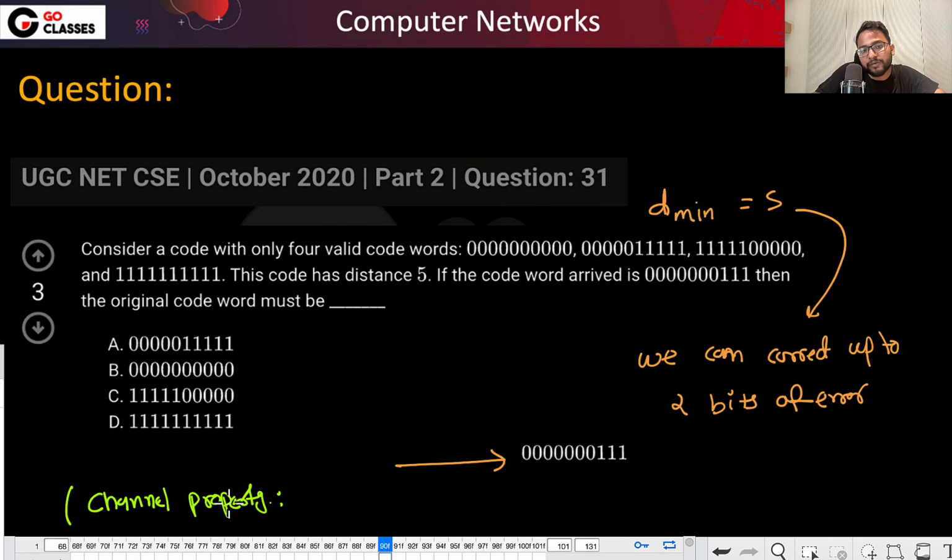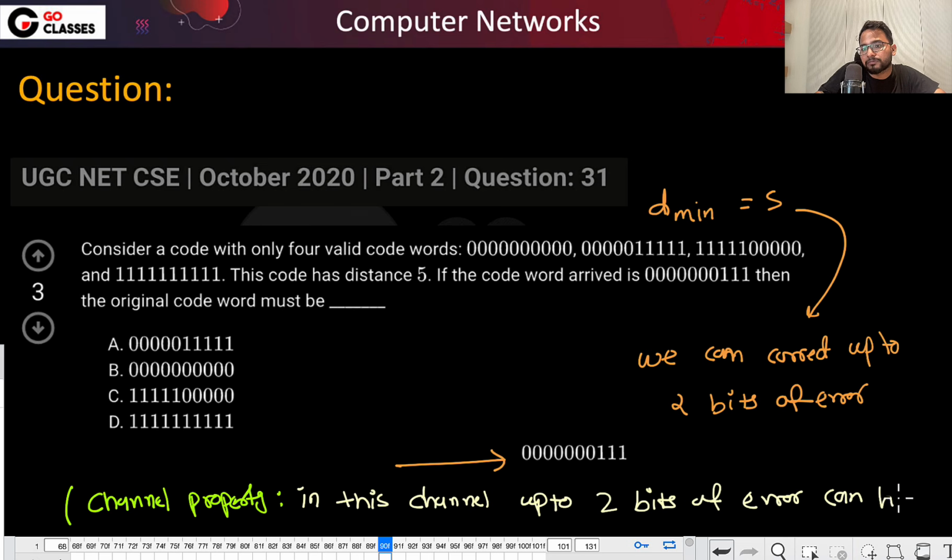Let's suppose I give you some channel property, and I say that in this channel, up to 2 bits of error can happen. Suppose they say something like this, some channel property.